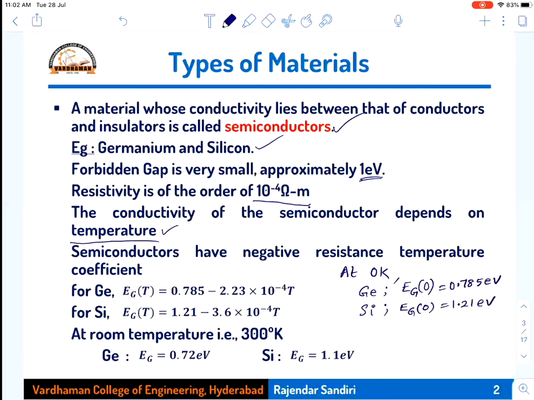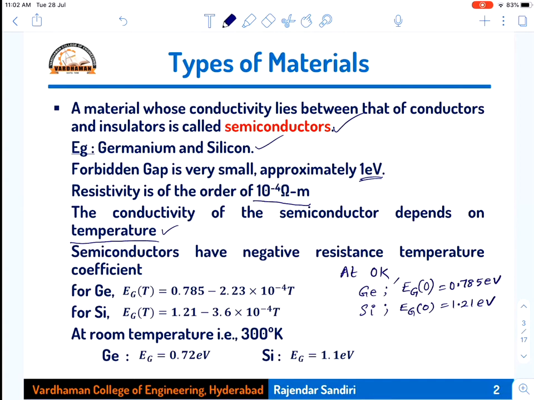These values of 0.785 electron volts and 1.21 electron volts at 0 Kelvin are a little high. But as you increase the temperature, the energy gap decreases. That means as you increase the temperature, the conductivity of the semiconductor material also increases and the resistivity decreases.